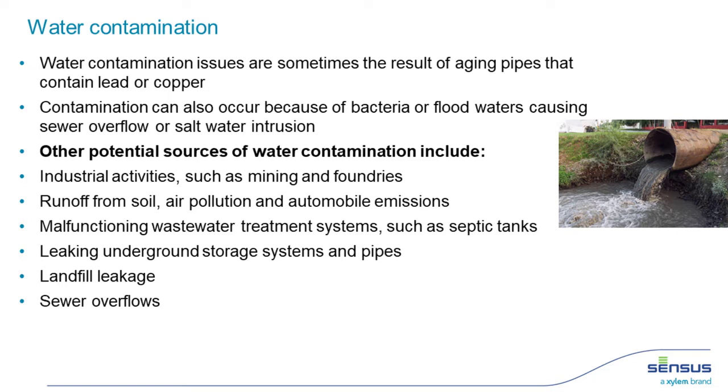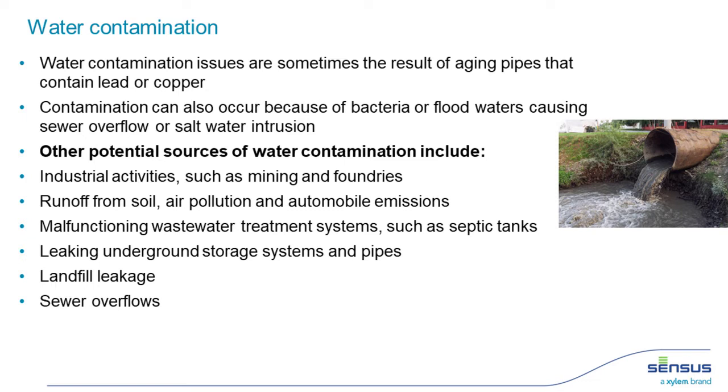Contamination also can occur because of bacteria or floodwaters, causing sewer overflow or saltwater intrusion. Other sources of water contamination: industrial activities such as mining and foundries, runoff from soil, air pollution and automobile emissions.